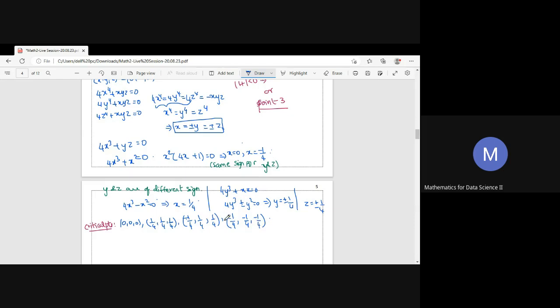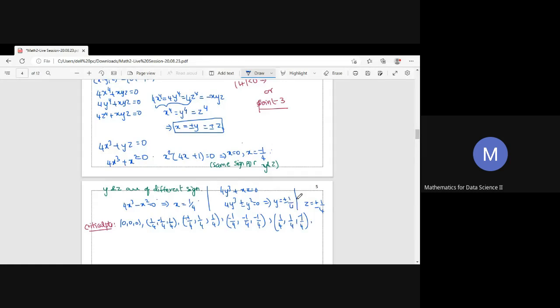And for x is equal to 1 by 4, y and z are of different sign, so here you have maybe minus, and the other point should be 1 by 4, and then minus 1 by 4, right? So with the value of x is equal to 1 by 4 and x is equal to minus 1 by 4, these are the points we are getting.